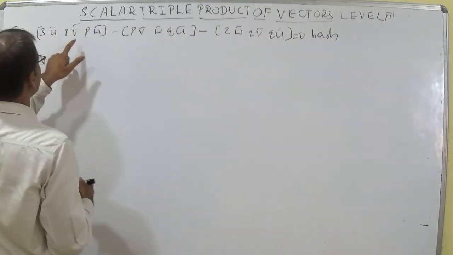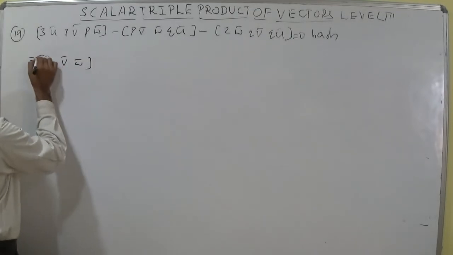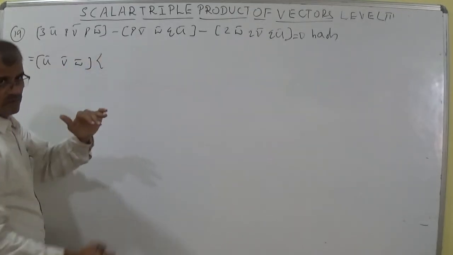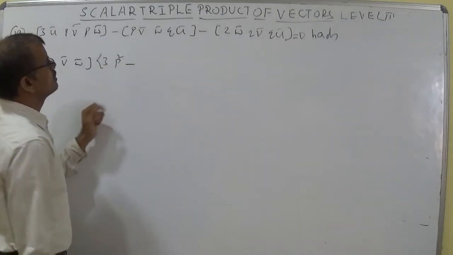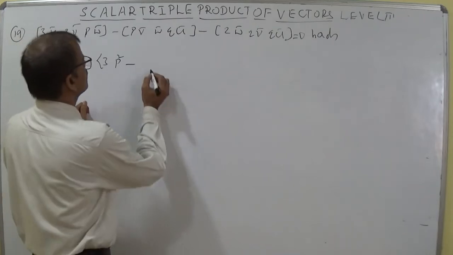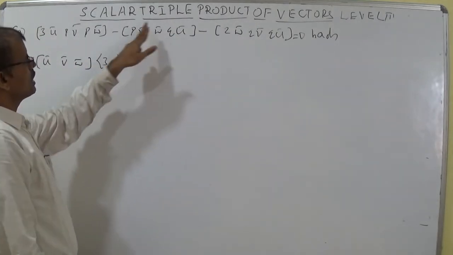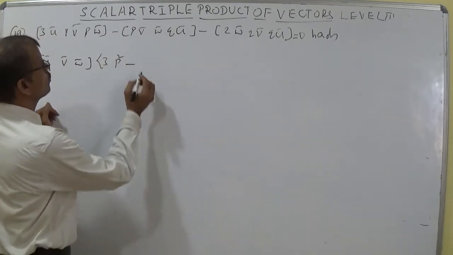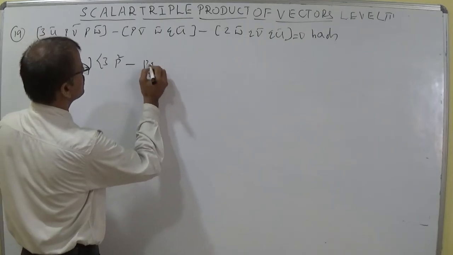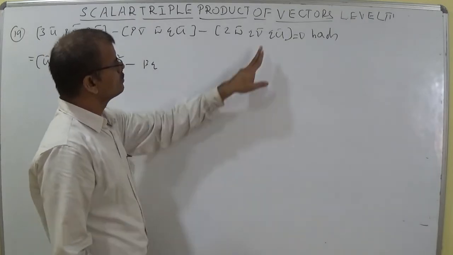So 3U, PV, PW is there. UVW I am taking common: U bar, V bar, W bar with box I have taken common. Then you can write here 3p square minus. Here you can write, students, UVW. If you take it this side, here two steps jump, so no need to write minus here, PQ. Now here 2 UVW.